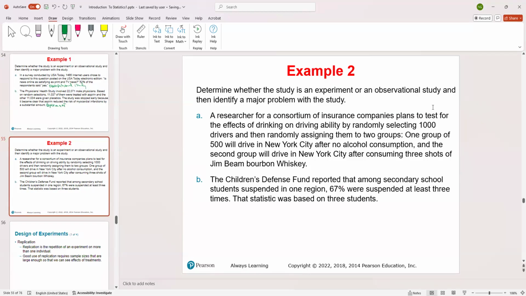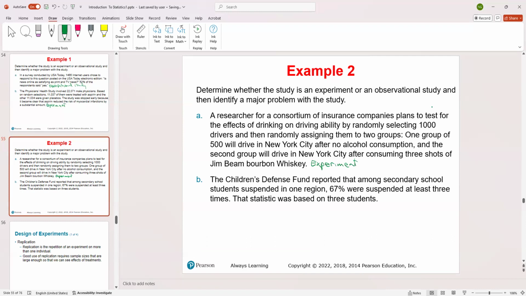But we're not making any judgment, because treatment is imposed: they need to drink something, and you have two groups, a group that receives placebo and a group that drank real alcohol. So it's an experiment. Remember, in an experiment treatment is imposed. Treatment doesn't mean only drinking or taking medication. If they study your brain with some electronic device connected to your brain, that is also an experiment.